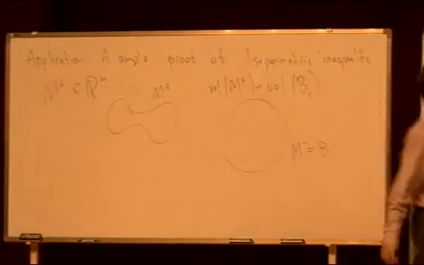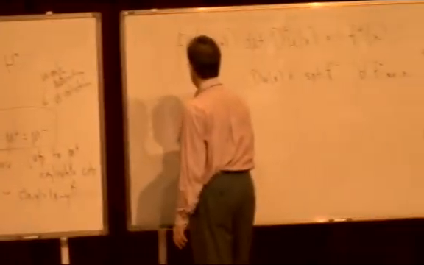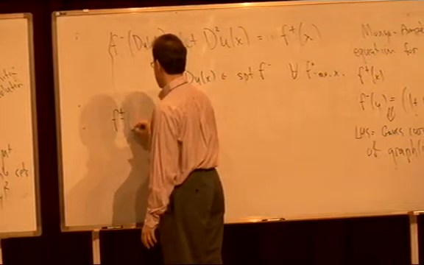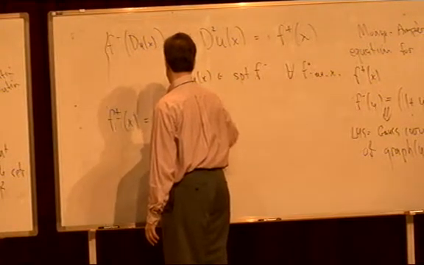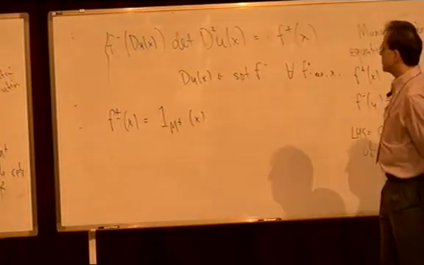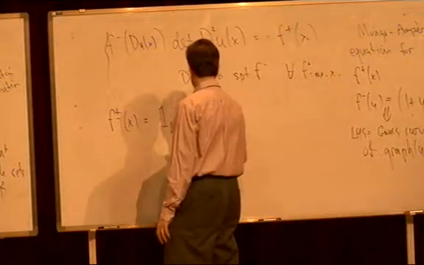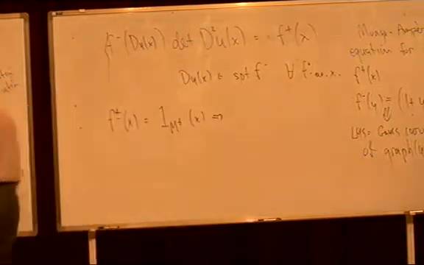Well, I can apply Brenier's theorem by taking mu plus and mu minus to be uniformly distributed over the two sets. So I'll take f plus and minus of x to be the characteristic function of the two sets in question. And then Brenier's theorem tells me, okay, there's a solution to this equation: determinant of the Hessian of u is equal to 1.